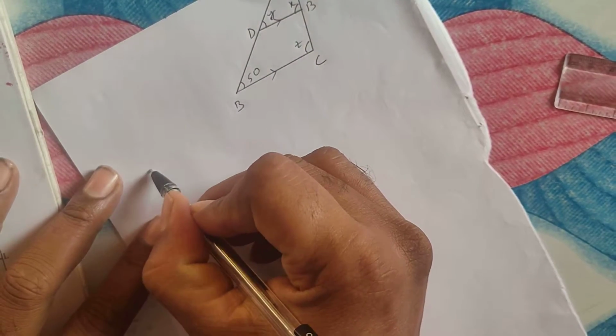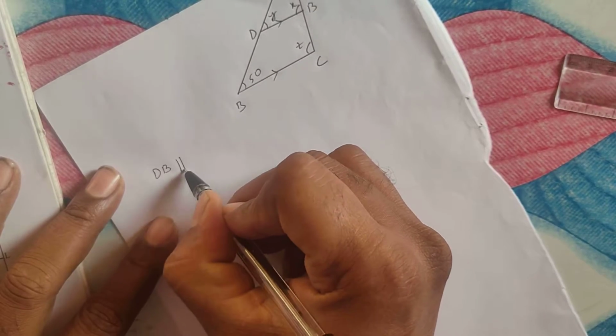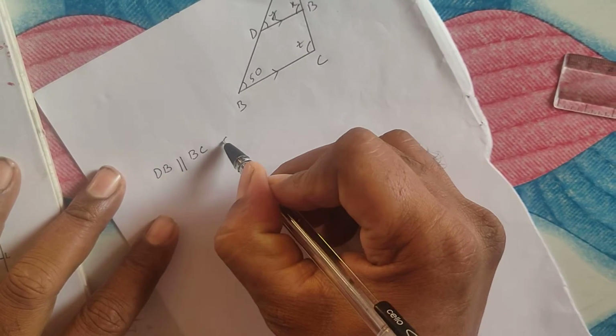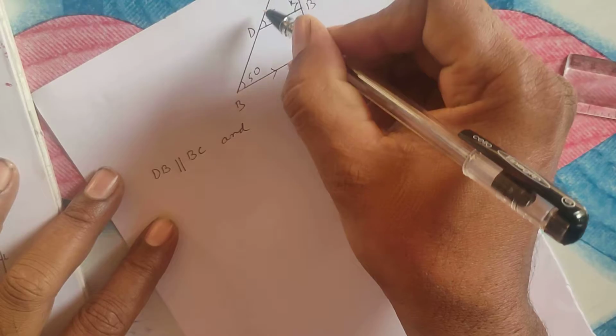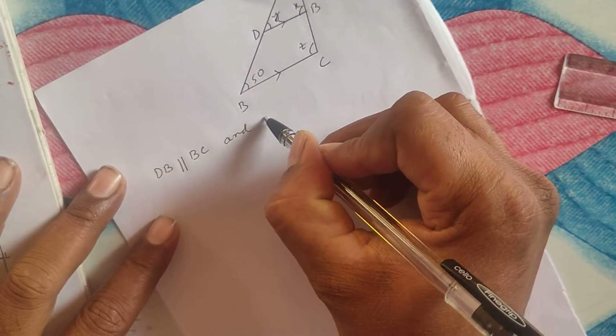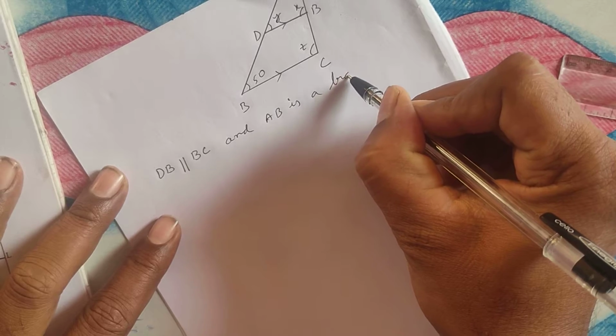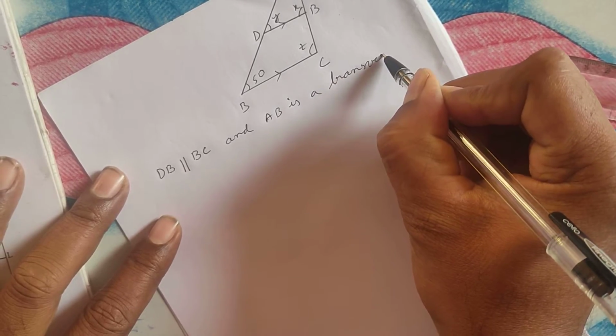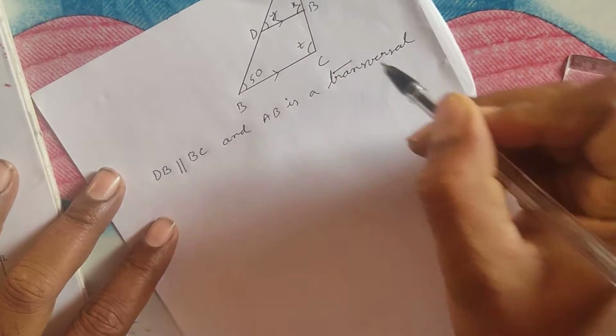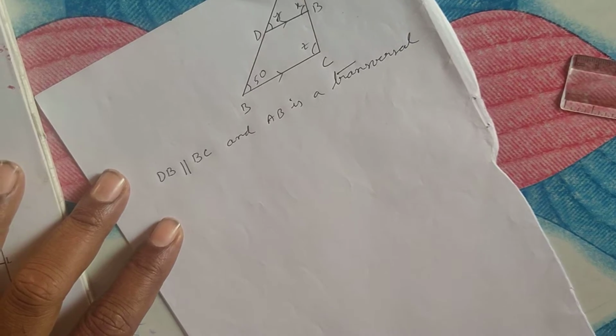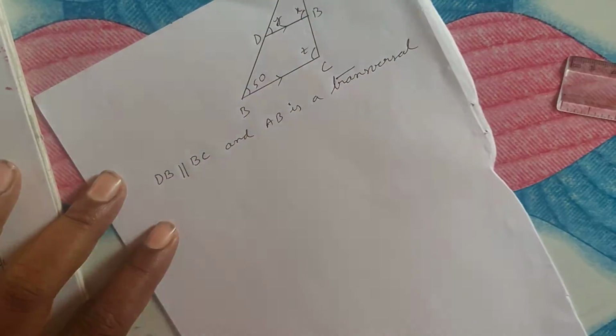Now DB is parallel to BC and AB is a transversal. So I already told you that in rough paper I will draw one diagram.